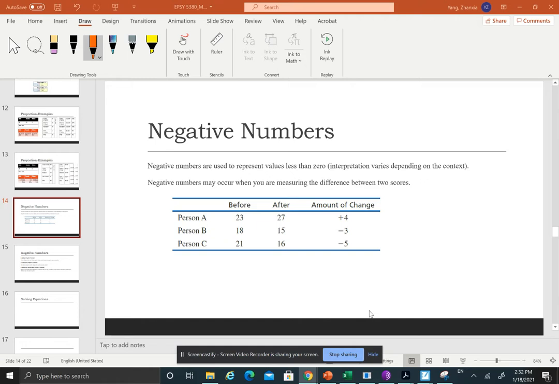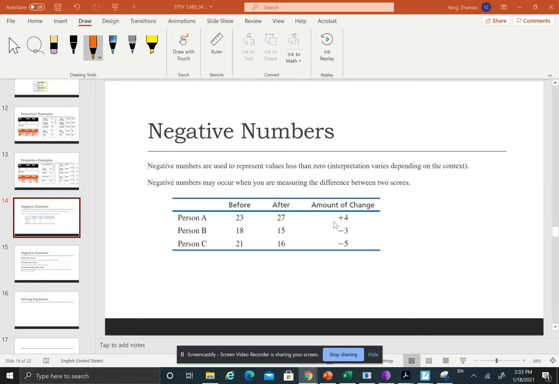Negative numbers may occur when you are measuring the difference between two scores. For example, here in this table, we measured different people's attitudes towards a film twice, at the beginning, before an activity, and after the activity, and then we can calculate the amount of change, or the difference.